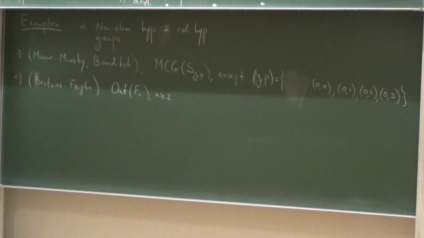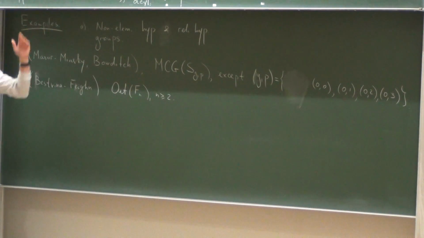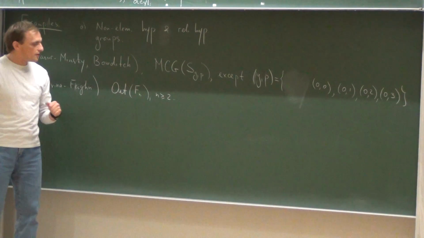So you fix a fully irreducible element. An element is fully irreducible if it doesn't fix any proper free factor up to conjugacy, and no power of this element fixes a proper free factor.